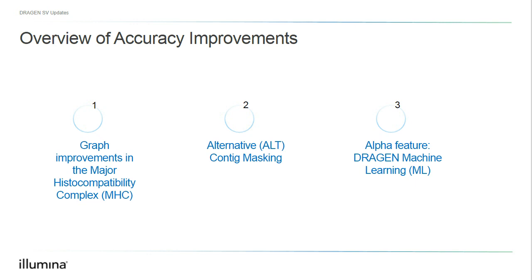And an alpha feature. This is something that we do not typically do and bring out in the open for everybody, but we are introducing a new feature which is still in the alpha phase, which enables a machine learning aspect within DRAGEN. I'll talk briefly about that and give you an option on how you can run that as well.